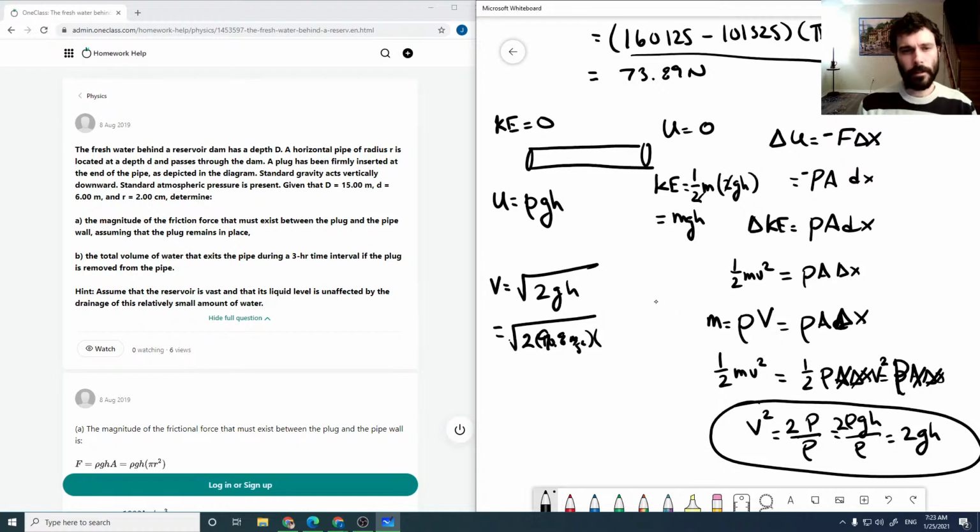Our height h is the depth, so 6.0 meters, which is 10.84 meters per second.